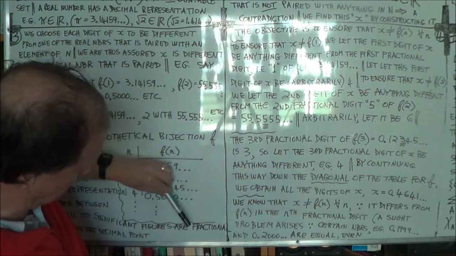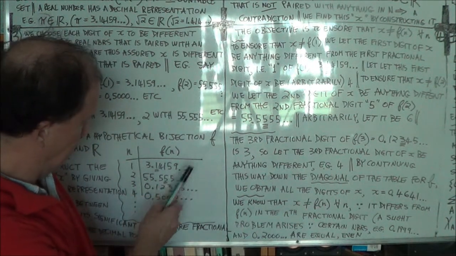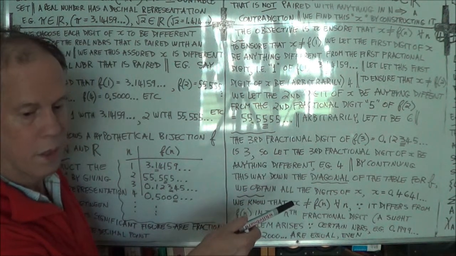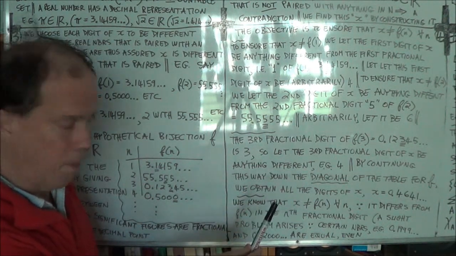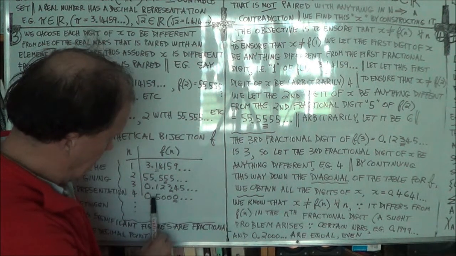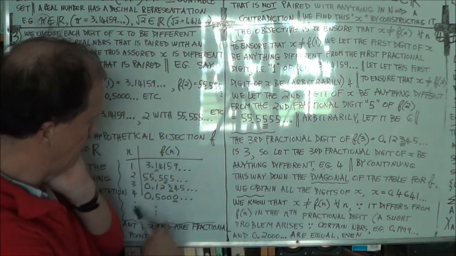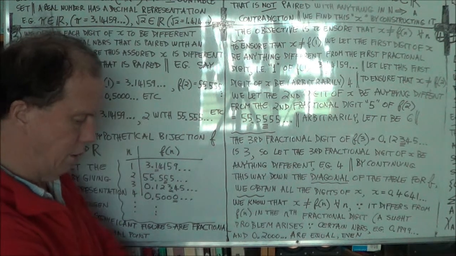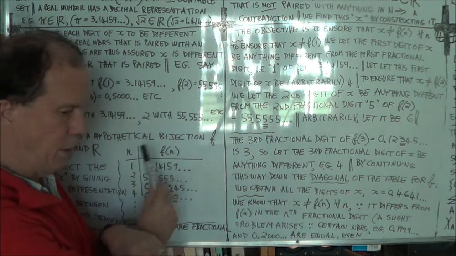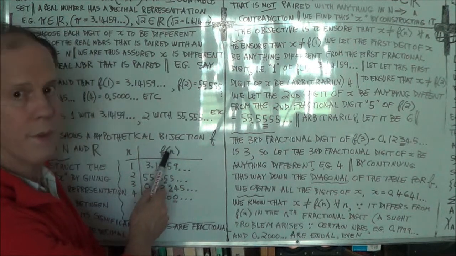So you're going down diagonally and constructing your x with digits that differ each time, at each position, from the corresponding number at each line in this table. And this table is assumed to be the table that corresponds to f. It's the mapping table, if you like, that maps the positive integers into the reals.